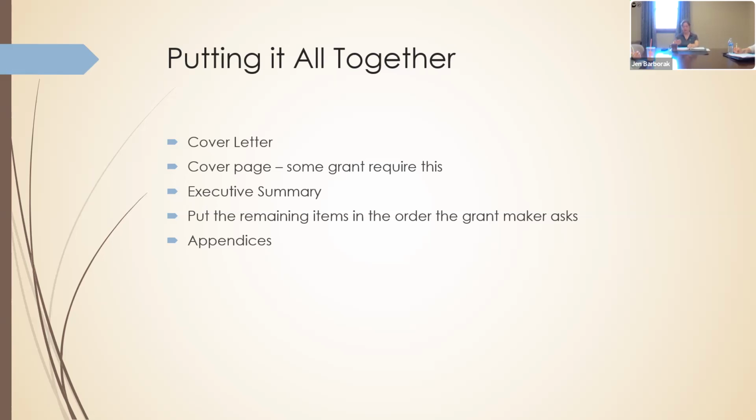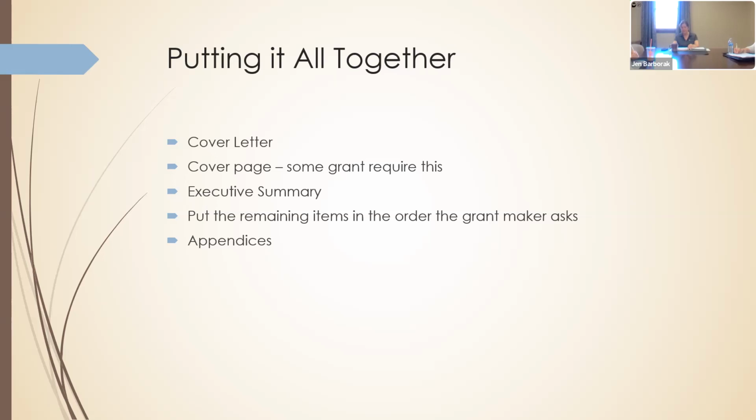So really what you're doing with that cover page is simply putting the information right in front of the funder of who you need to contact. And you can put the organization's name and the program name. Usually there's a date on it. The next piece is usually the executive summary.